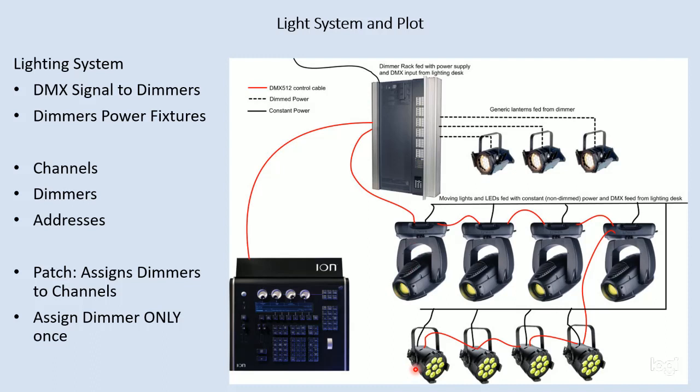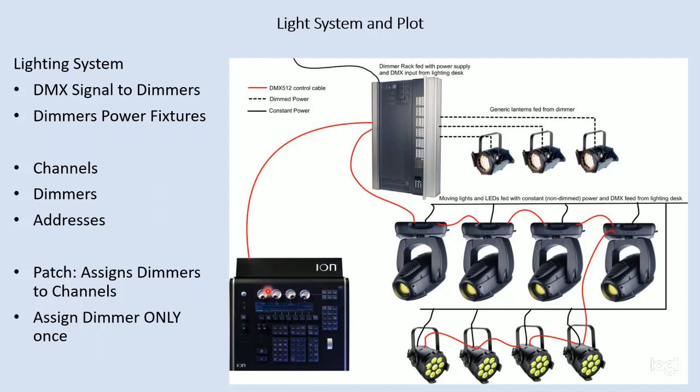The same thing is true for an LED. An LED requires data and constant power, and we set an address at that device so that it knows where to listen. So addresses are primarily for moving lights. Dimmers are assigned to conventional lights that just use a regular incandescent light bulb.